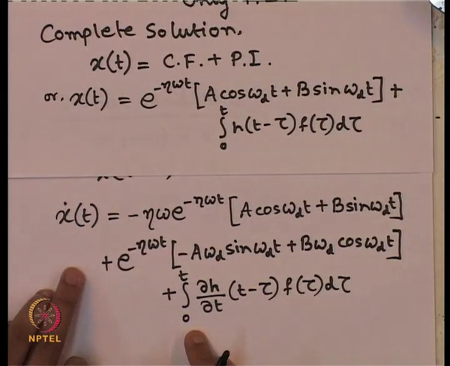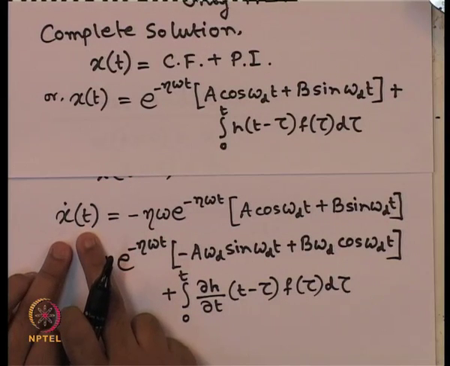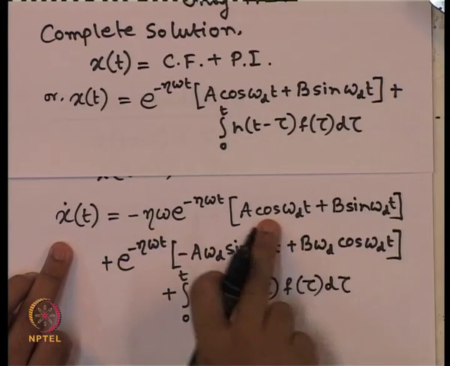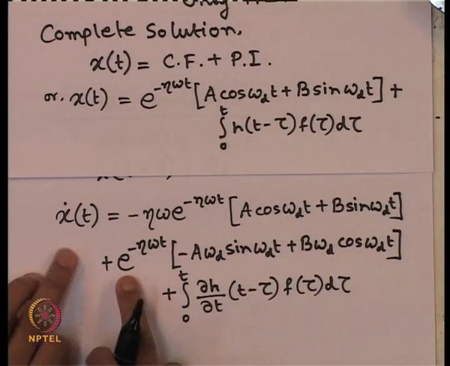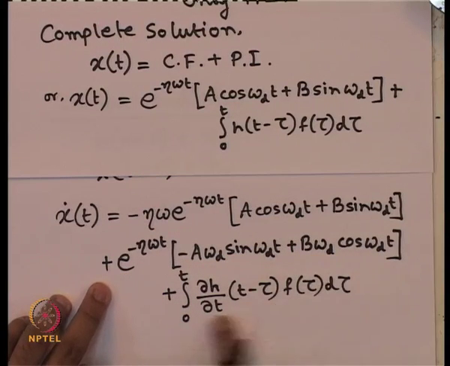And what about if we put t equals to 0 for x dot? We will get minus eta omega a plus b omega d, plus this vanishes. So, this part vanishes. With this we will get the constants.